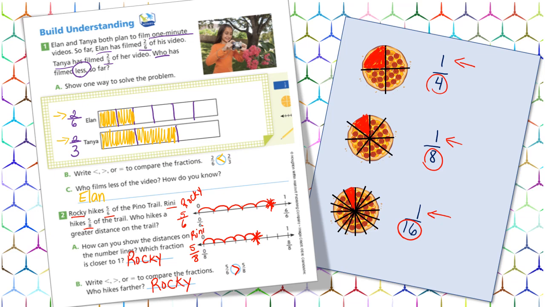So even though you're counting the same amount of parts in your numerator, the size of the parts is going to change. So if you want a bigger fraction, then you want your denominator to be smaller. And if you want a smaller fraction, you want your denominator to be greater, because that means that you're dividing the whole into more and more equal pieces.